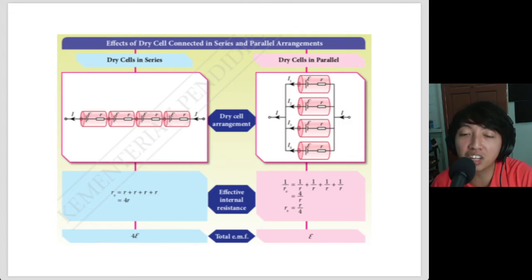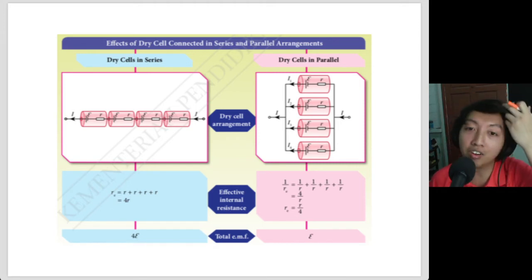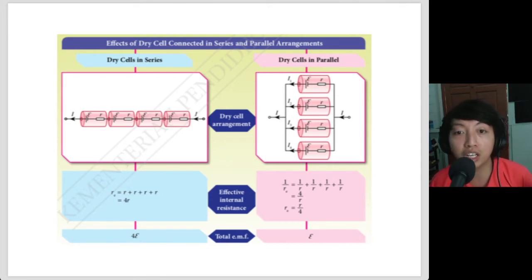But when you have 4 cells in parallel, the funny thing is you don't actually increase the voltage. You're just reducing the resistance. So you're reducing the resistance, so you'll still get more current, but you're not actually increasing the voltage. So depending on what kind of application, you might want to connect in parallel, you might want to connect in series.